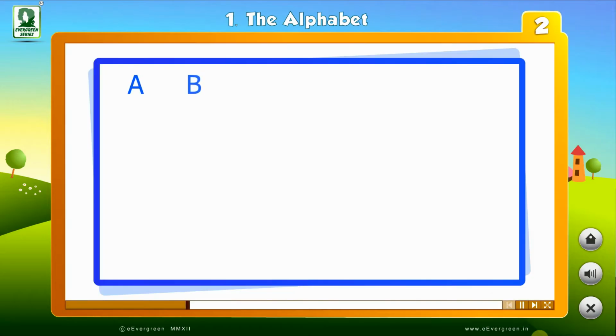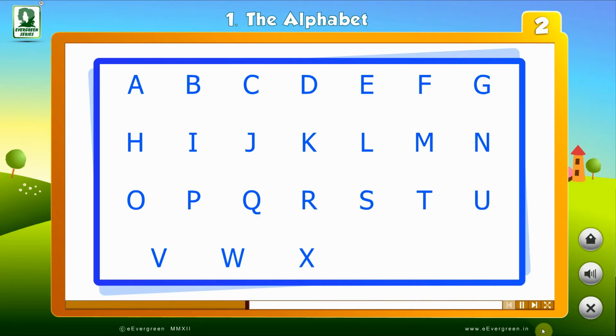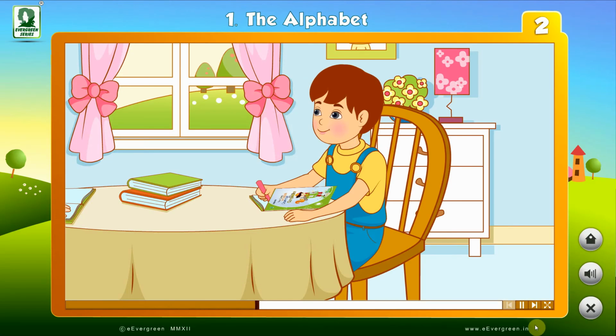A, B, C, D, E, F, G, H, I, J, K, L, M, N, O, P, Q, R, S, T, U, V, W, X, Y, and Z. Oh, that's great!